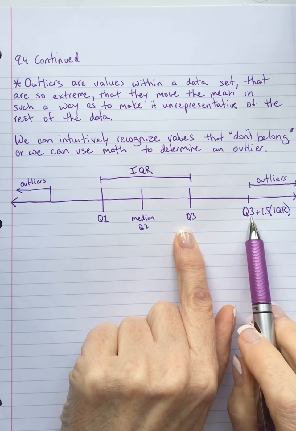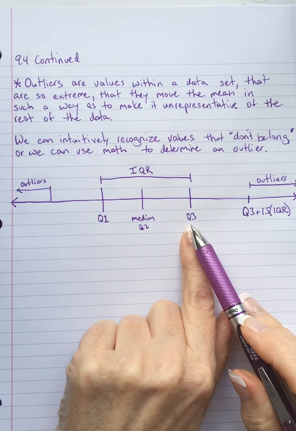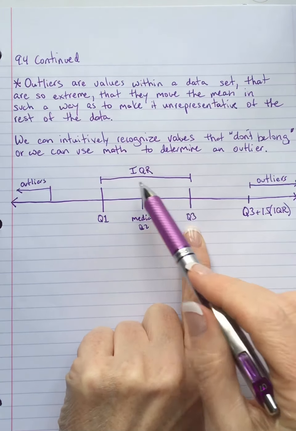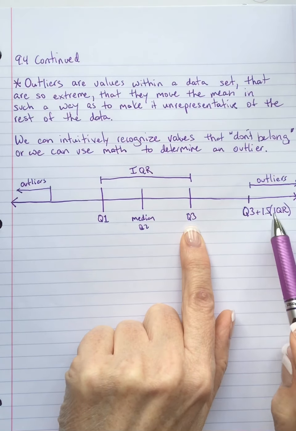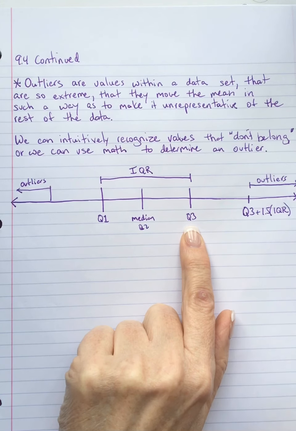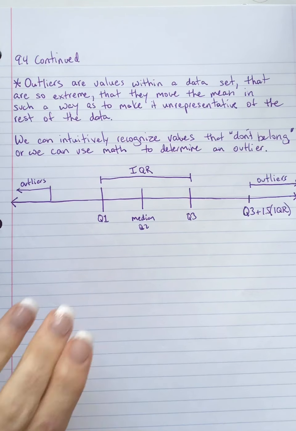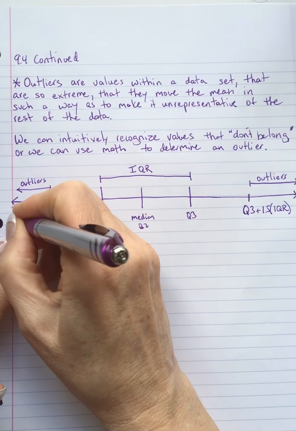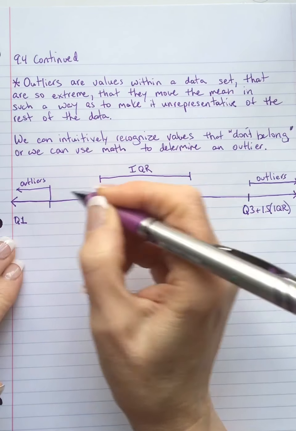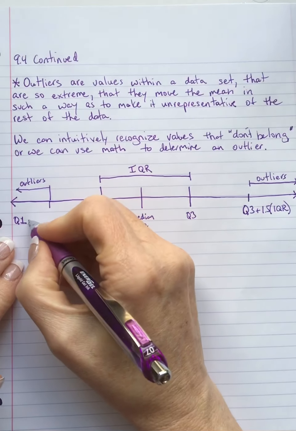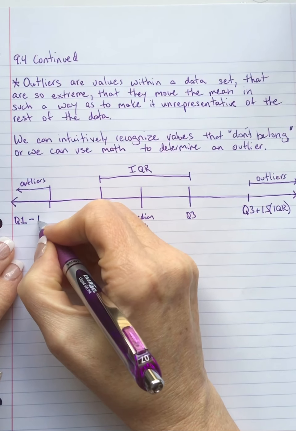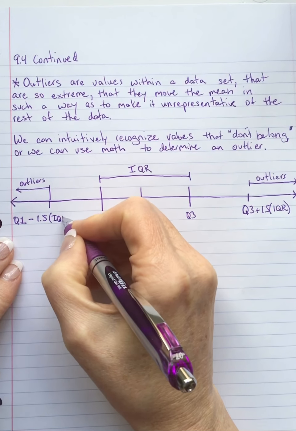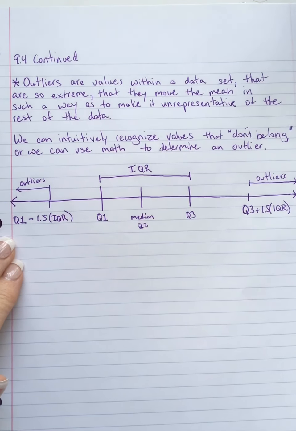So if you take quartile 3 and add it to 1.5 times the interquartile range, anything greater than that number will be considered an outlier. On the lower side, you have Q1, quartile 1, minus 1.5 times the IQR, which will give you an outlier on the lower half.